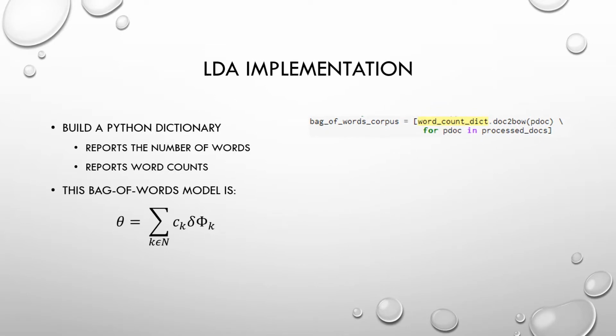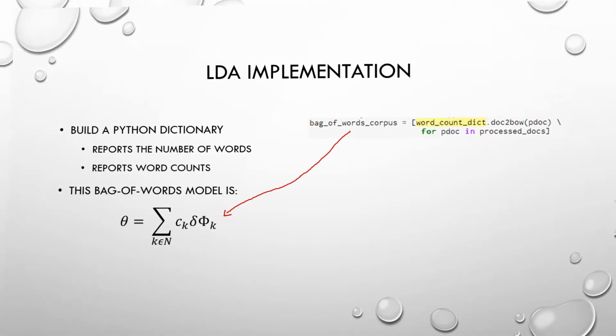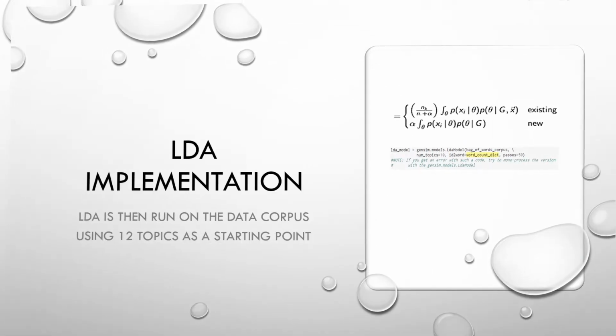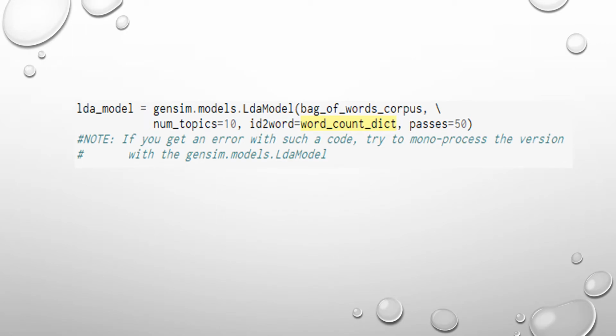Next, I create a bag of words corpus, which is analogous to our initial distribution, as we described earlier. Here we derive our model using our bag of words variable, which is our G prime statement, and the predefined number of topics and our word count dictionary.